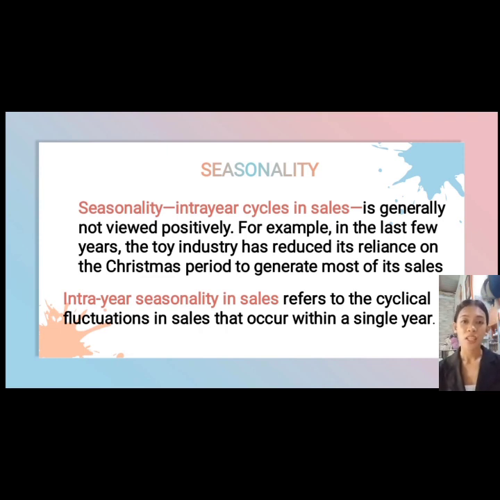For example, in the last few years, the toy industry has reduced its reliance on the Christmas period to generate more of its sales. It refers to the cyclical fluctuations in sales that occur within a single year.